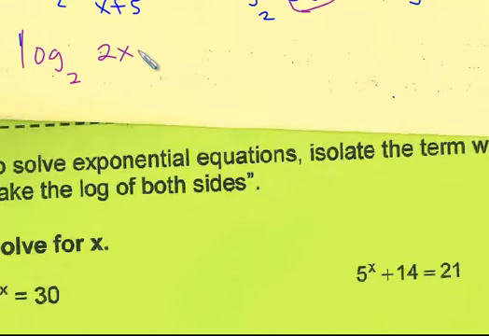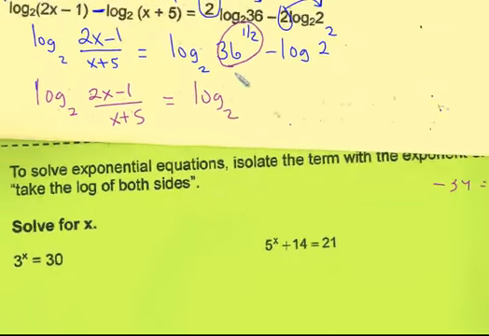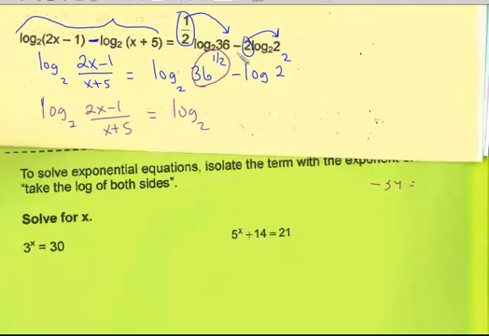Log base 2 of 2x minus 1 over x plus 5 is equal to log base 2, remember 36 to the 1/2 power, which is 6. So this is log base 2 of 6 minus log base 2 of 4.